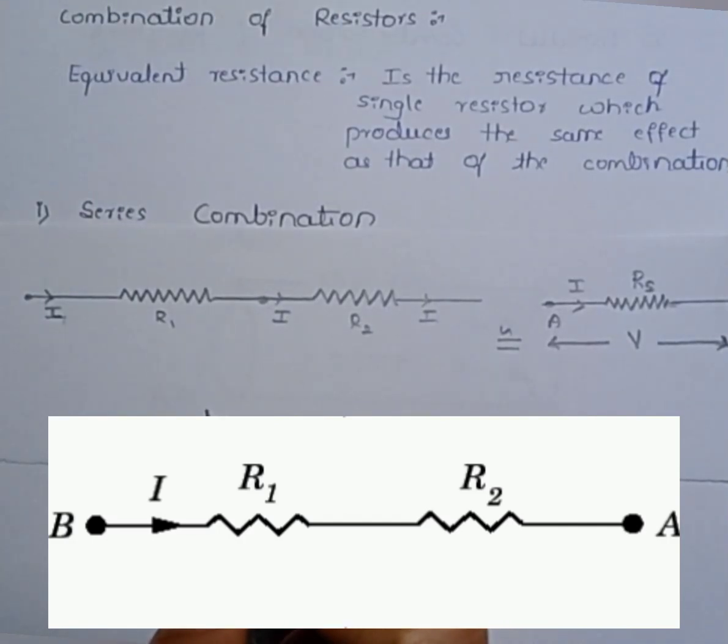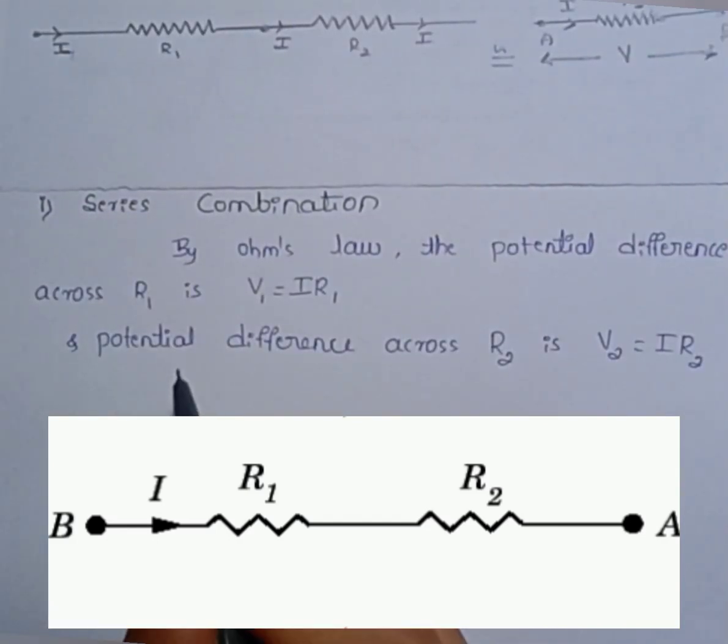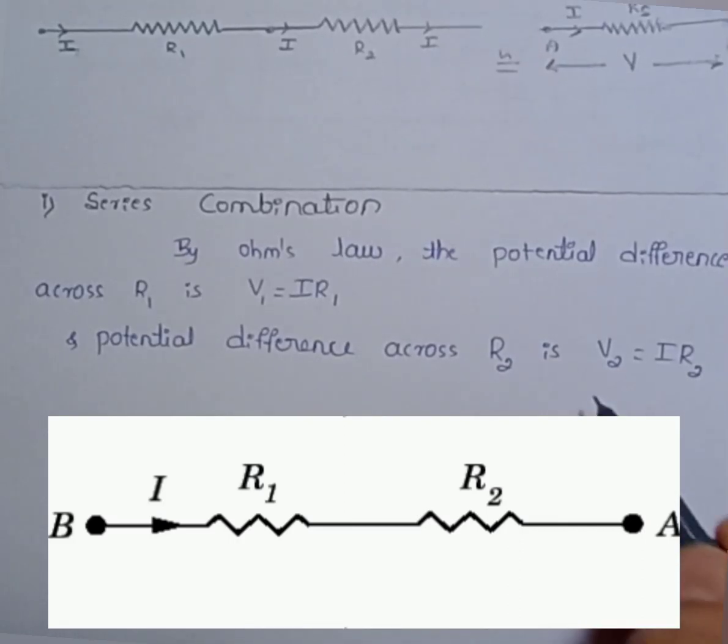This means that the same current I flows through the resistors R1 and R2. By Ohm's law, the potential difference across R1 can be written as V1 equal to I into R1, and the potential difference across R2 is V2 equal to I into R2.